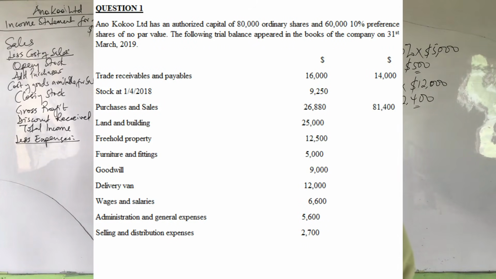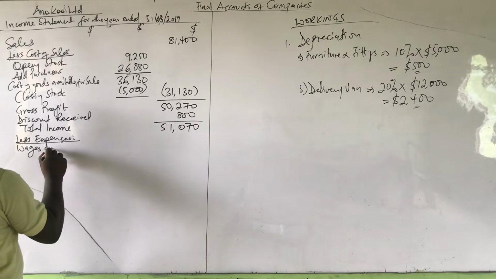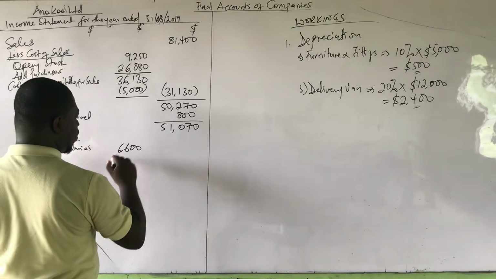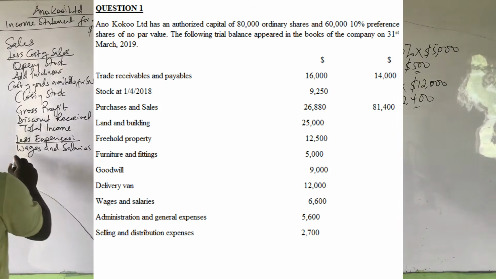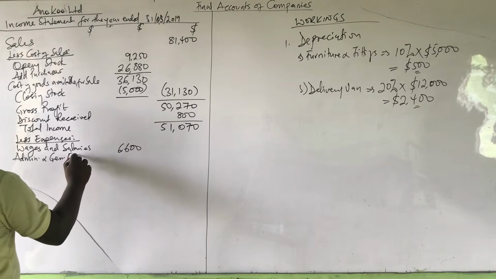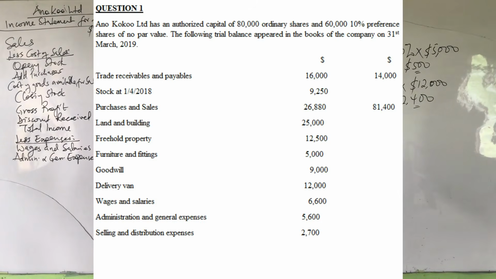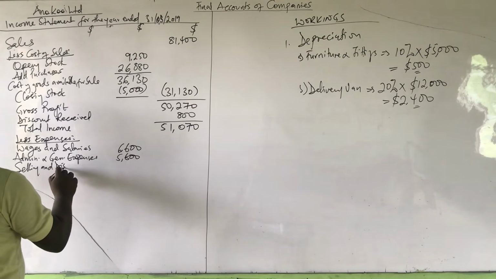So we are going to take out our operating expenses, as is listed for us in the question. So we begin with our wages and salaries of 6,600. Then after wages and salaries, we have administration and general expenses of 5,600. And then there was selling and distribution expenses of 2,700.